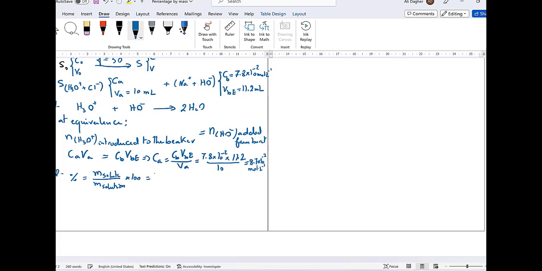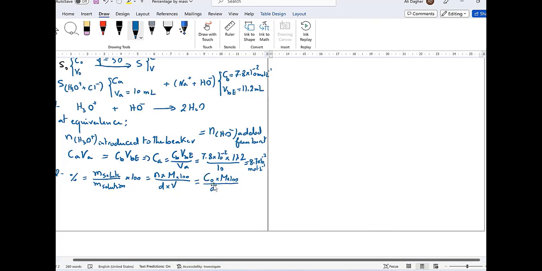Mass of solute equal number of mole times molar mass, times 100 over mass of solution equal density times volume. Number of mole over volume is equal to concentration of the commercial solution C0 times molar mass times 100 over density.